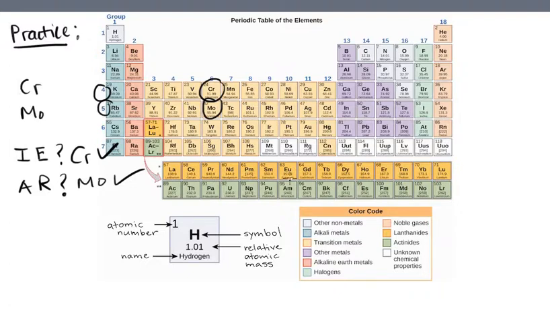Now, let's look at one more. Let's do nitrogen and carbon, right? Ionization energy, atomic radius. Which one is bigger? Okay, so let's use the same thought process.